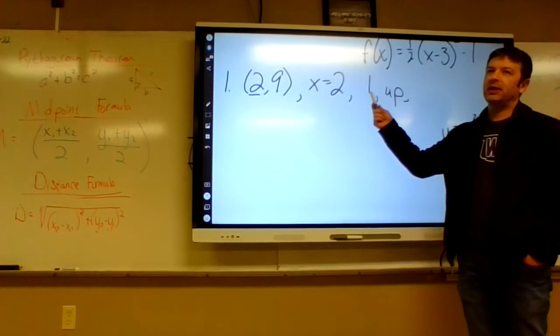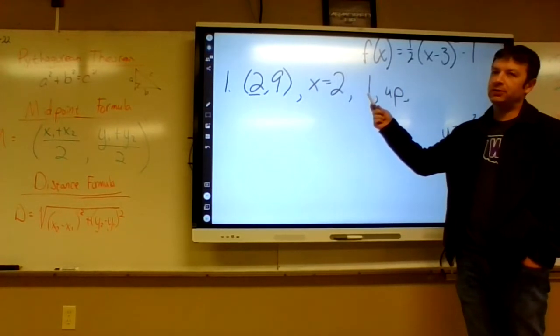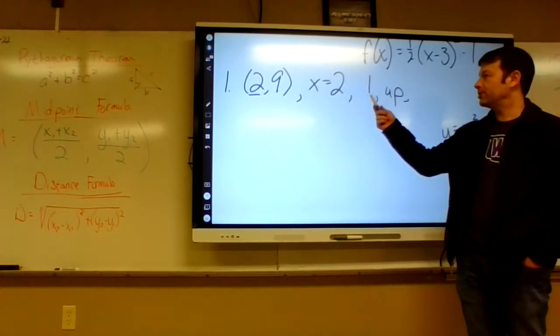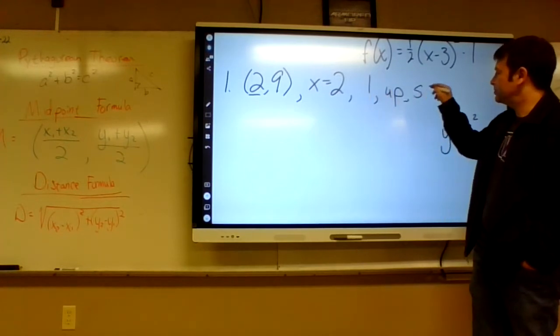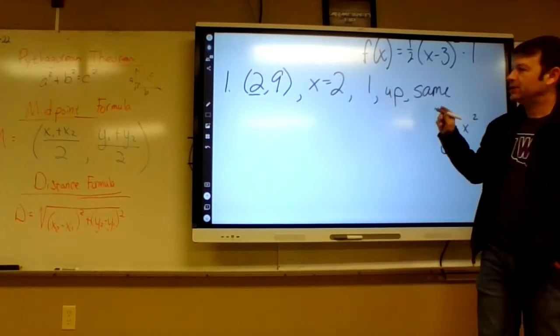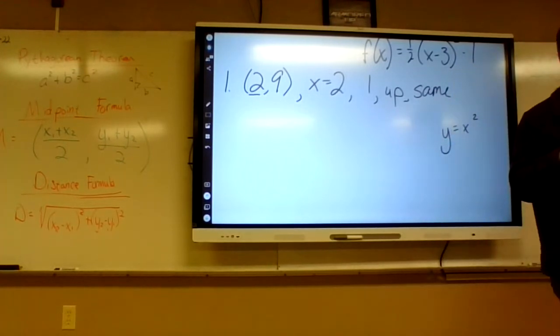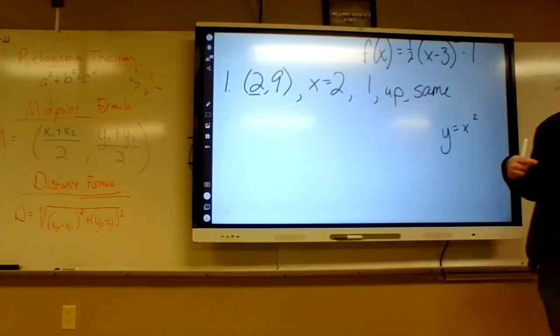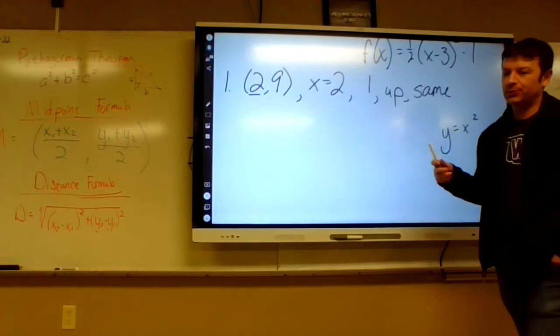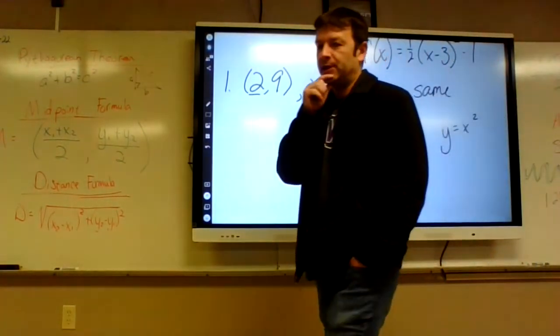It's a 1. Yeah, if this is a 1 or a negative 1, it's not going to be any steeper than normal. So it's going to be the same. If the number on the front is bigger than 1, it's going to get steeper. If the number on the front is less than 1, it's going to be flatter.